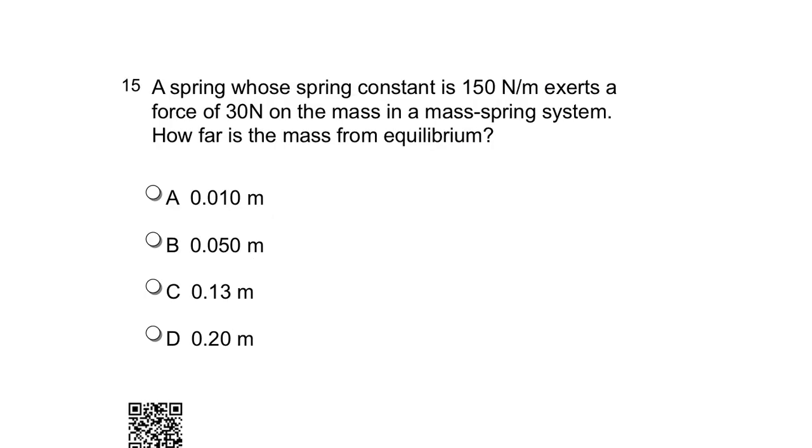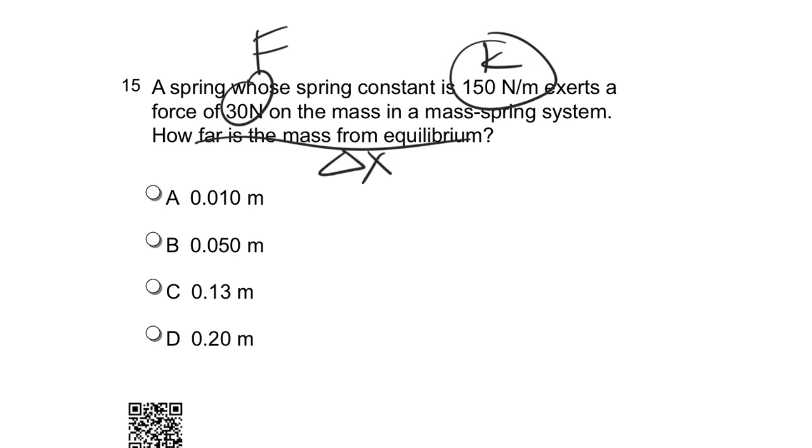Okay, in this problem, we got K, the spring constant, and we got the elastic force. How far is the mass from the equilibrium? So we're looking for delta x, not the amplitude, just delta x. So that's using F, Hooke's law. There's a negative, but that doesn't matter.